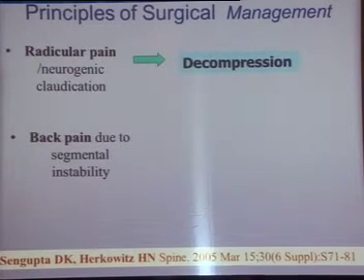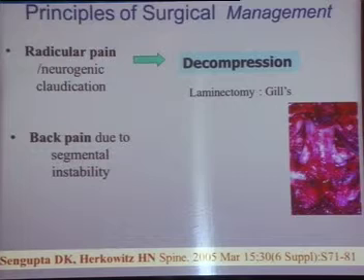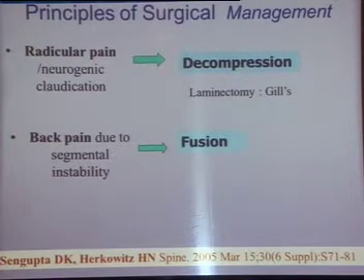And the decompression done in these cases is traditionally the old-fashioned Gill's procedure. There's a loose fragment in the L5 lamina, and that is removed simplistically, and that's called a laminectomy, or the rattler as it is called, is removed. And that exposes your spinal canal, and it also exposes your L5 root and S1 root. So you need to do a good decompression. For back pain, which is usually due to the instability, you need to fuse that, right?